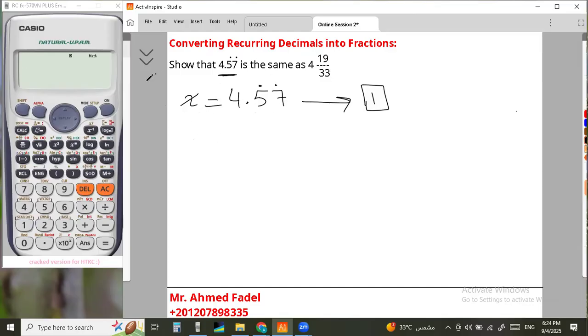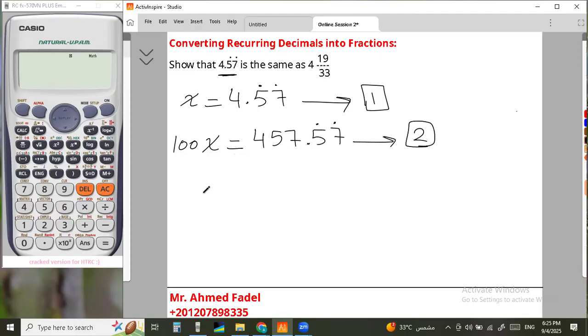So multiplying the whole thing by 100, 100x equals 457 point, and I still have other 5s and 7s, 5, 7, and they're still repeating. They are endless. Good. Now, since I have the recurring section isolated as well, call it step 2.